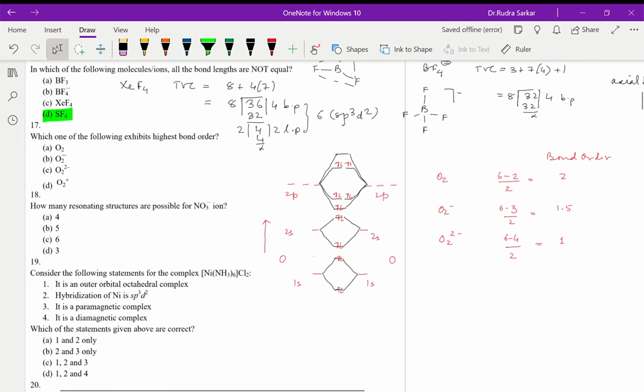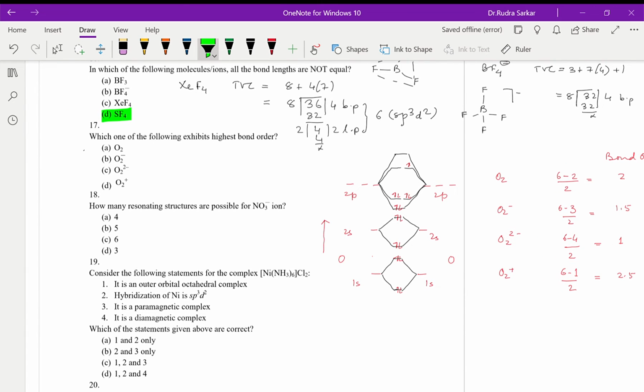However, for O2 plus, it should mean only 1 electron over here. So it is going to be 6 minus 1 by 2, and that should be 2.5. So the species having the highest bond order will obviously be the last one, that is the option number D.